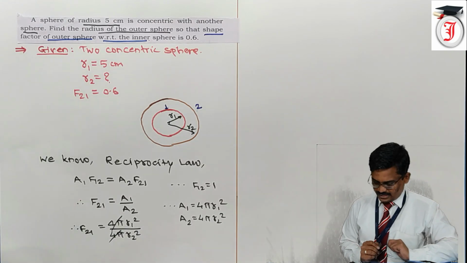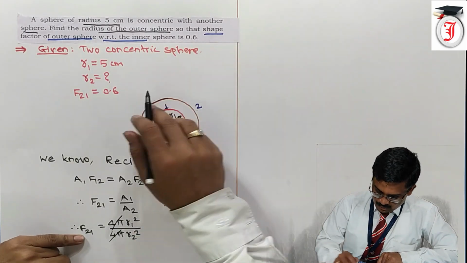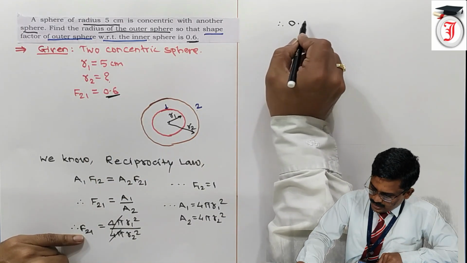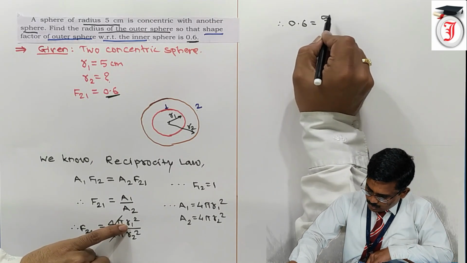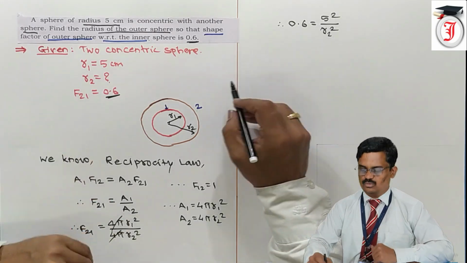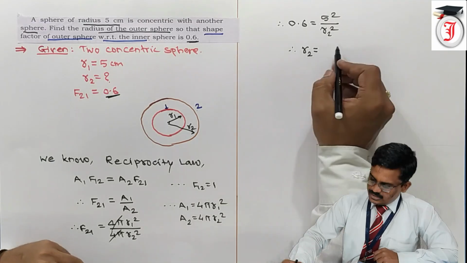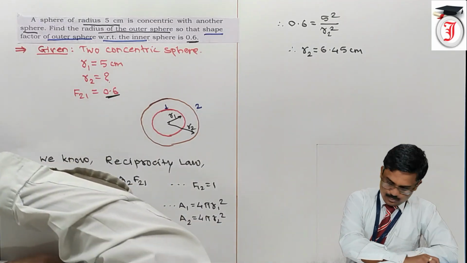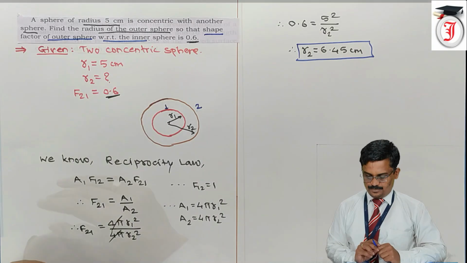The 4 pi gets cancelled, so F21 is equal to r1 square upon r2 square, and the value of F21 is given as 0.6. Therefore 0.6 is equal to 5 square upon r2 square, and from this we can easily calculate the value of r2. So the radius of the outer sphere is 6.45 centimeter.